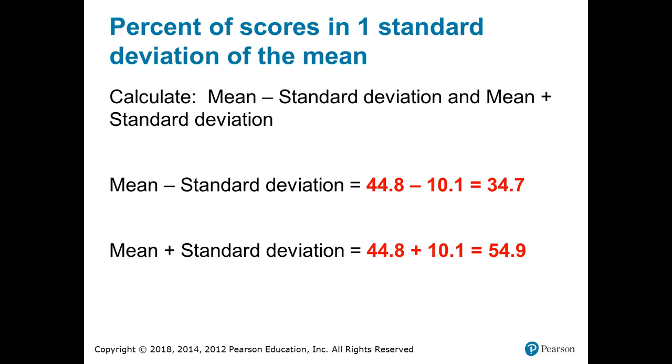So again, our mean is 44.8 minus 1 standard deviation gives us a value of 34.7. And then for the upper limit of that 1 standard deviation range, you have your mean plus 1 standard deviation, which is 54.9.